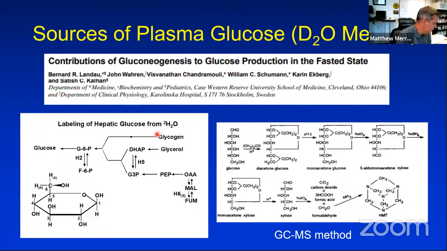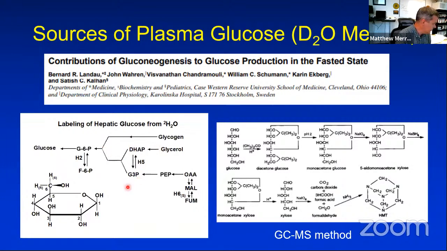Now you can see that if your glucose is coming from glycogen, this is the only place that you're going to pick up a deuterium label. I should point out that there are plenty of other ways to label these other sites with deuterium, but a lot of them are exchange reactions that don't allow you to make any quantitative assessment of the pathways.